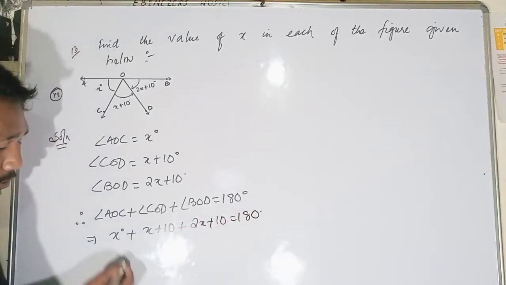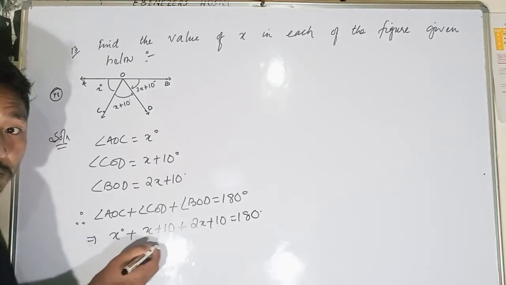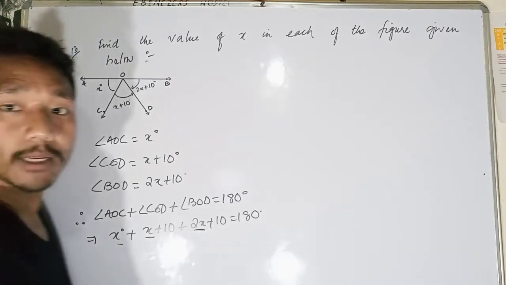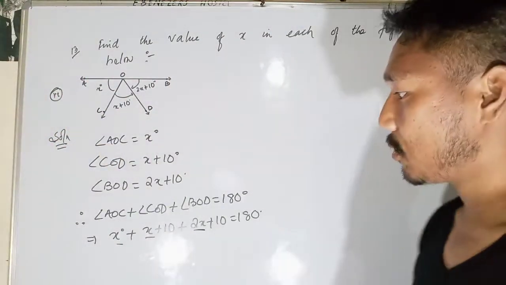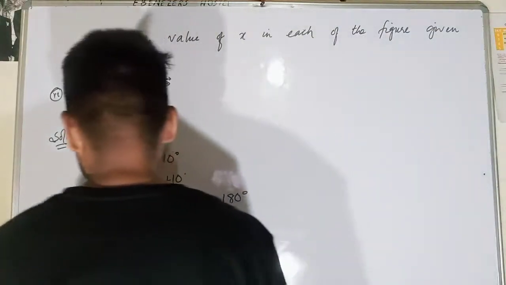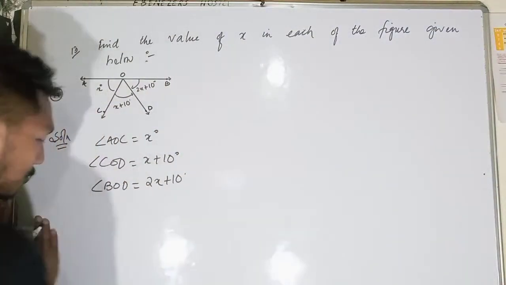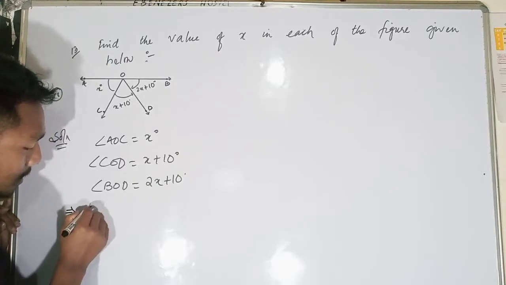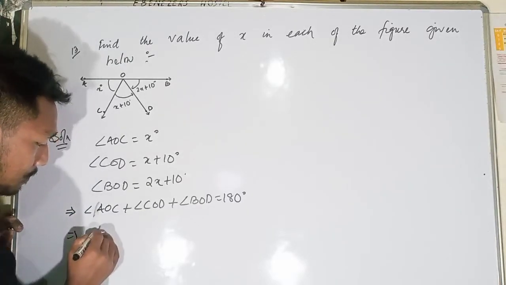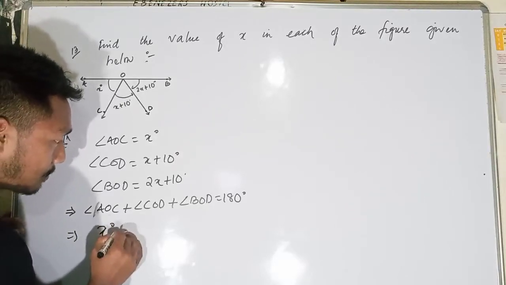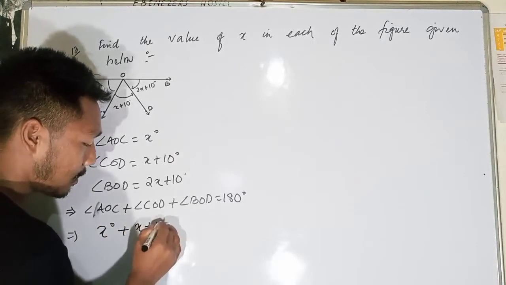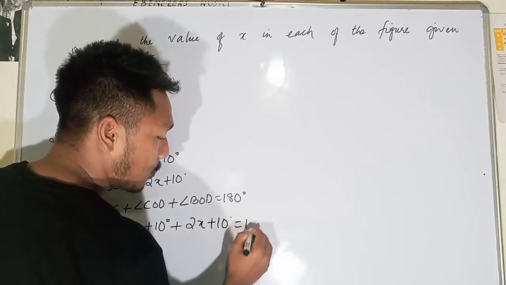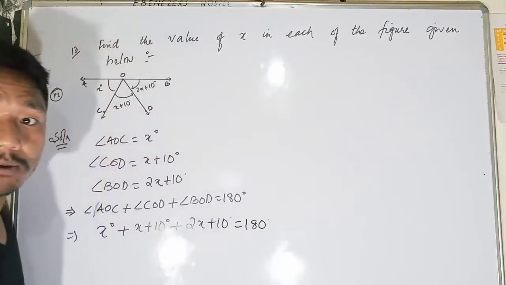Okay, so x and 2x are all like terms, right? So I will write it in a straight line: x plus x plus 10 plus 2x plus 10 is equal to 180 degrees.